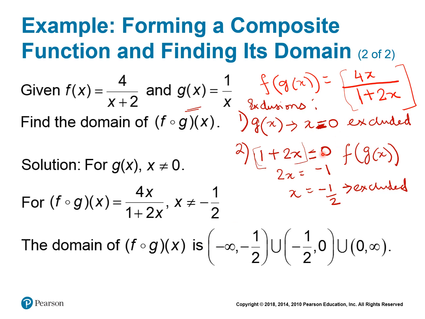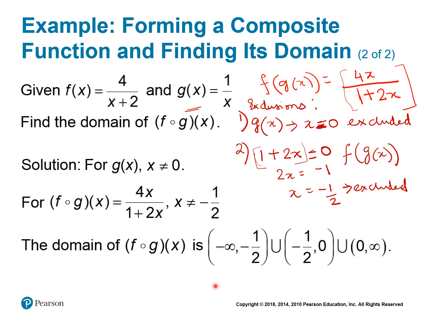So we have to exclude 0 because that had to be excluded in the original g of x function, which was an input into f of x. And secondly, we also have to see what needs to be excluded in the newly formed function. So there are two functions that we are looking into, the inputted function domain as well as the newly formed function domain.